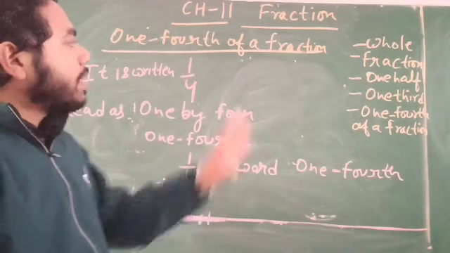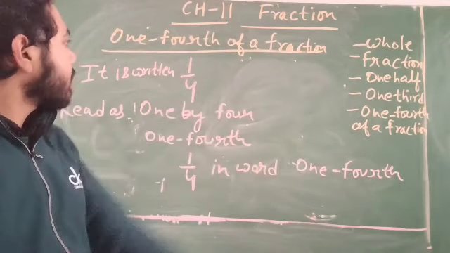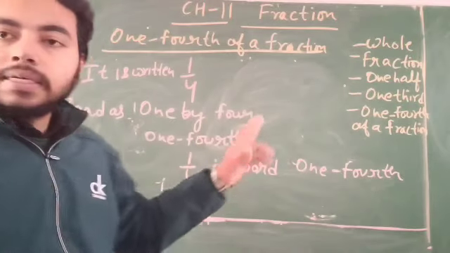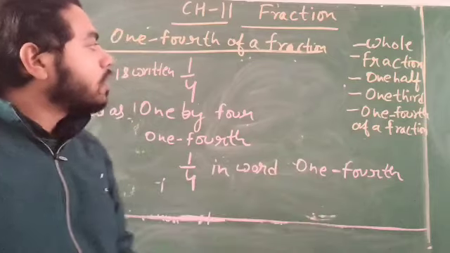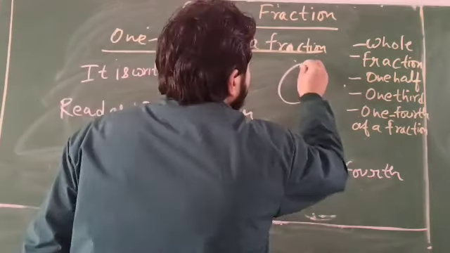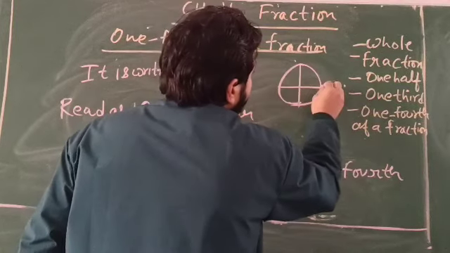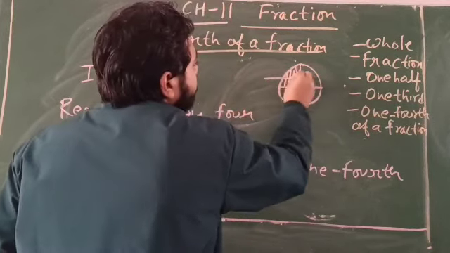So we have learned the definition of 1/4 of a fraction, how it is represented, and we have already discussed in figure how we represent 1/4. Suppose it is a circle, and if we divide it into 4 equal parts, then each part is representing 1/4.